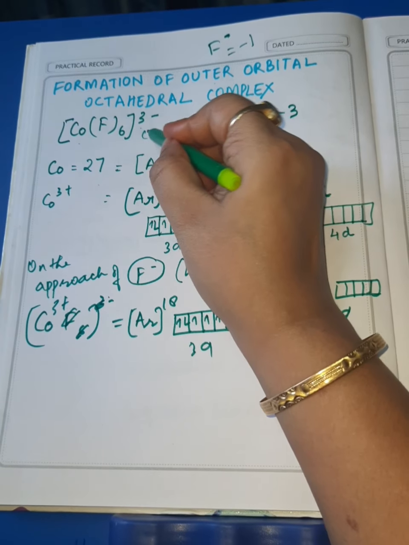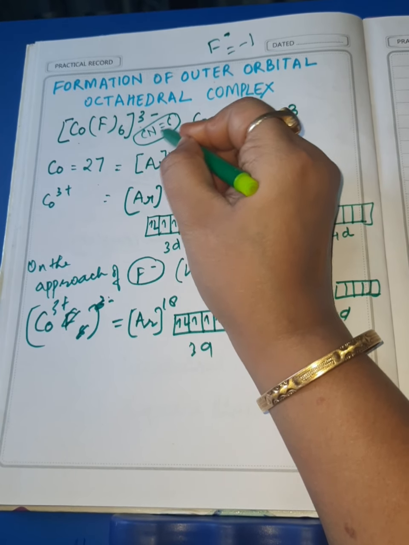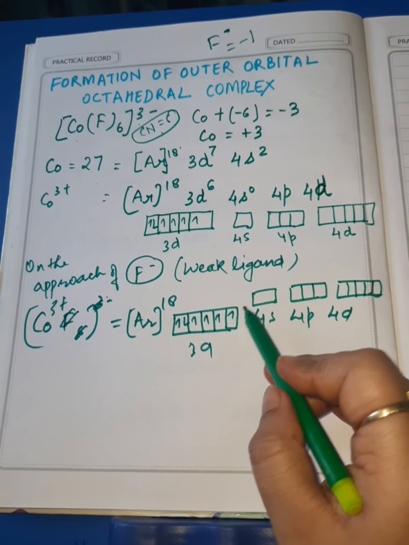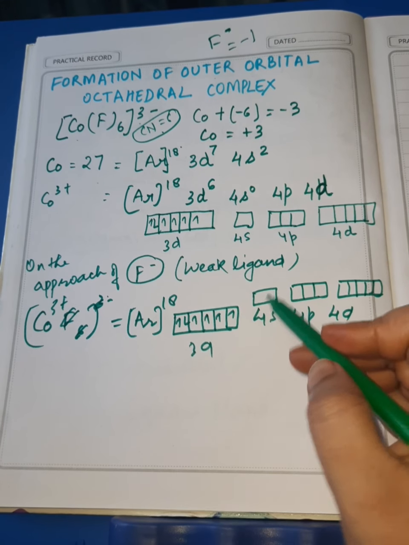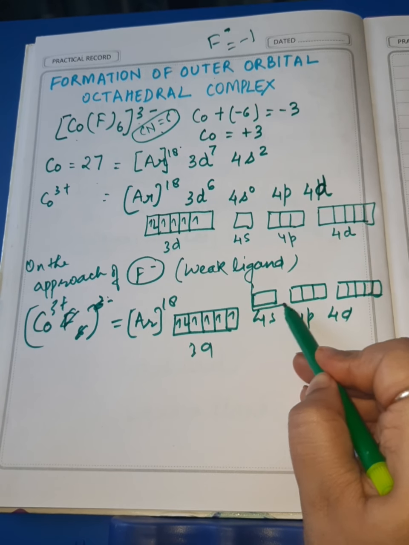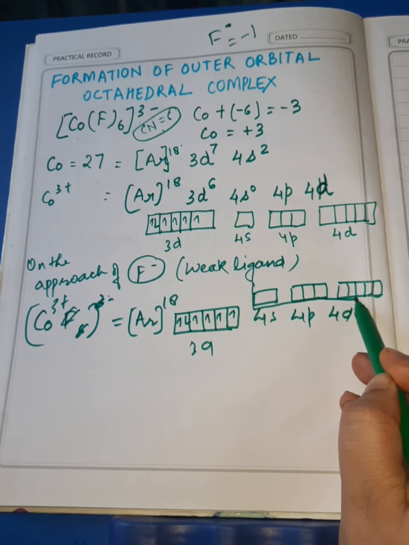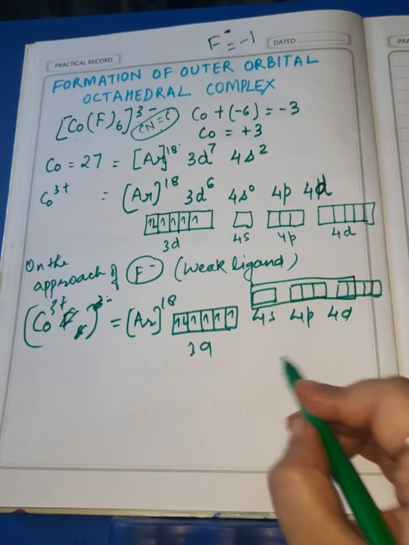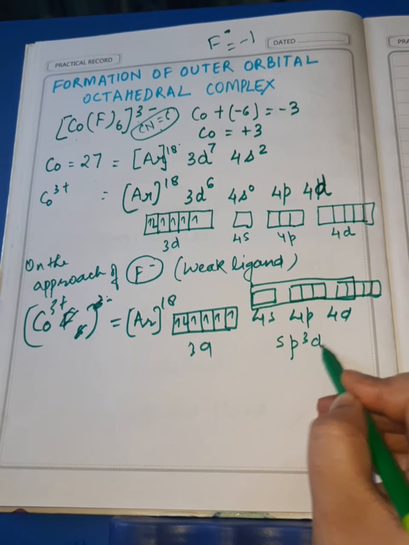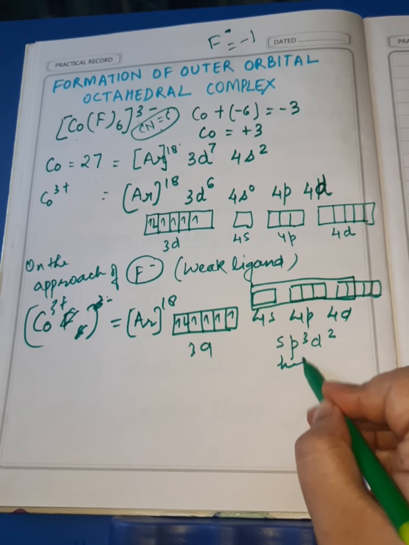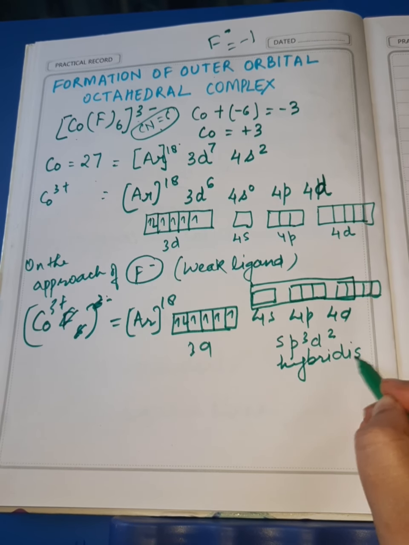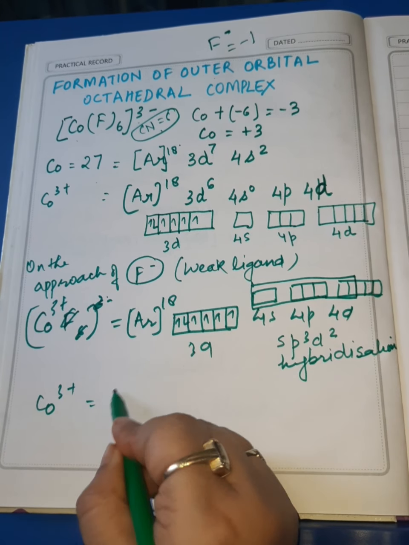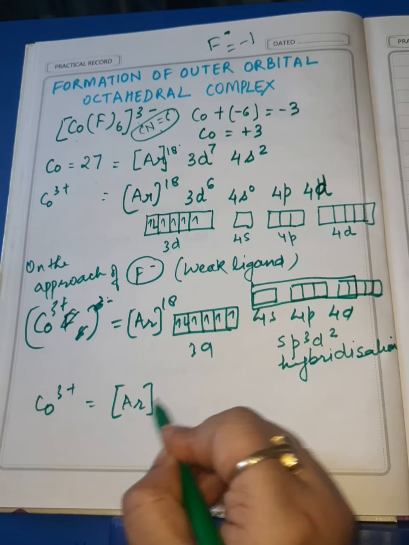Now the coordination number of cobalt is 6. That means it needs to have 6 hybridized orbitals. So the 6 hybridized orbitals are 4 and 2 more. That means on the approach of F minus weak ligand, cobalt ion undergoes sp3d2 hybridization.